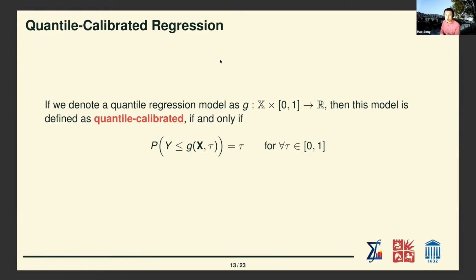As in the multi-class case, you have multiple definitions of what we mean by calibrated regression. Here I'm introducing the first concept, which is quantile calibrated regression, using a very simple case of temperature forecasting for a whole year.